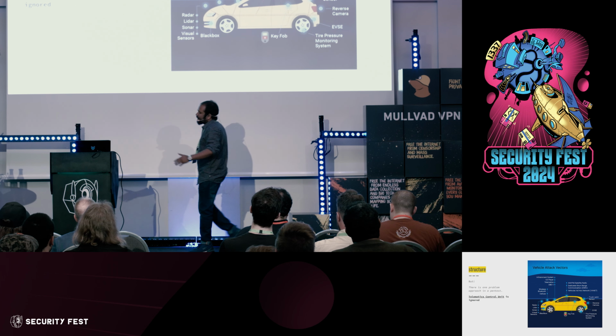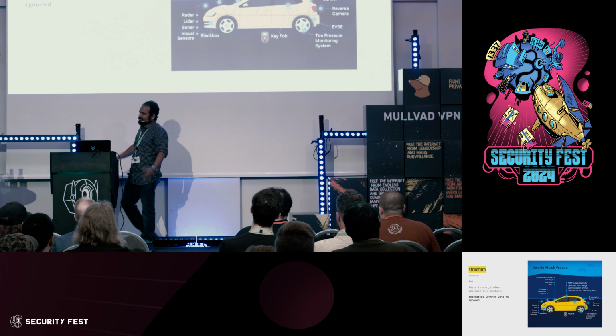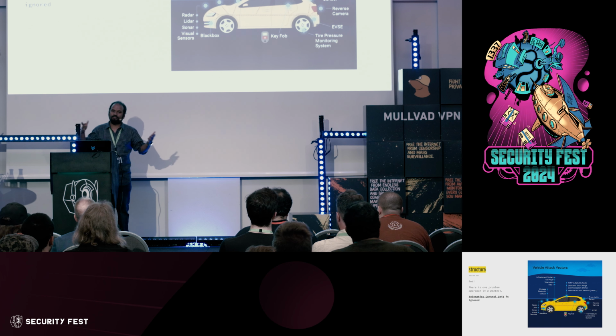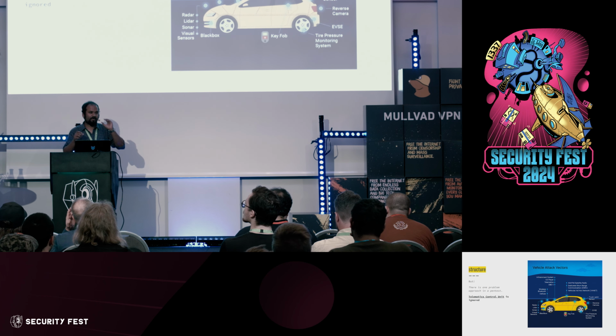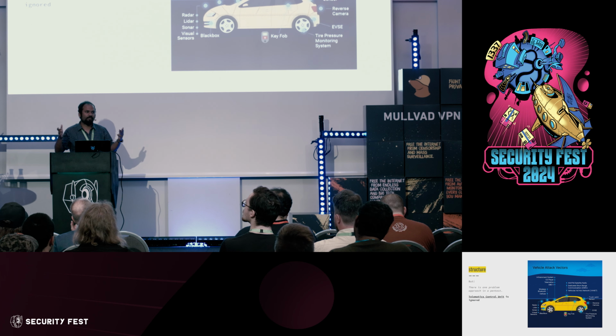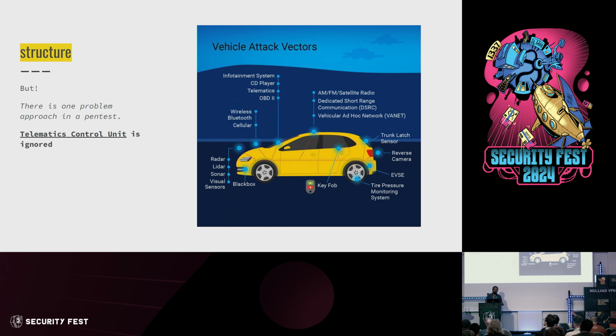So it will have different types of CAN messages, maybe different kinds of communication protocols, and talking between one component and another is always going on. As a master ECU, the telematics control unit is what the exploitation in this talk will focus on.